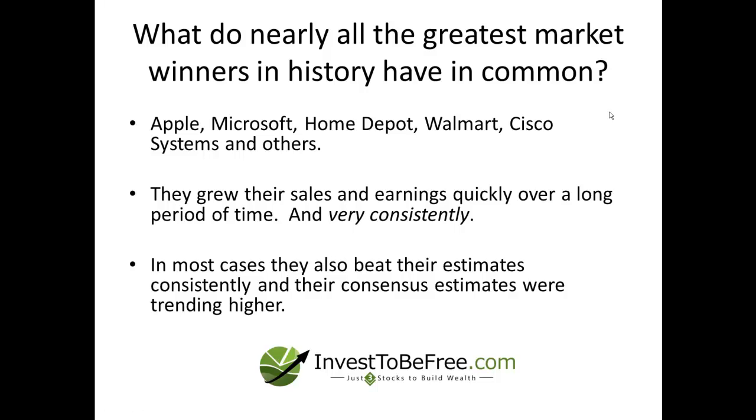If we look at all the biggest winners in market history, there's one common theme amongst all these companies: the Apples of the world, the Microsofts, Home Depot, Walmart, Cisco Systems, and most every big market winner in history. They grew their sales and earnings quickly over time, and they did so very consistently. So there's an underlying theme that's very, very strong, and oftentimes these companies have products and services that are changing their industry or even changing the way we live.